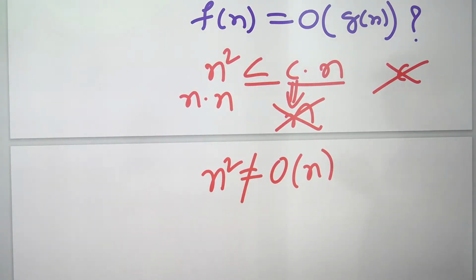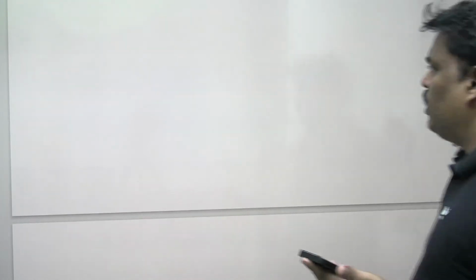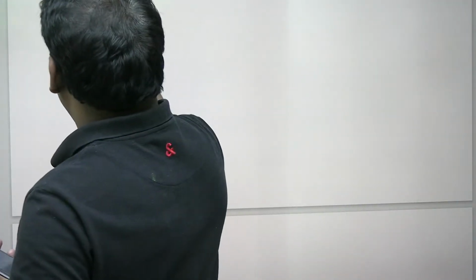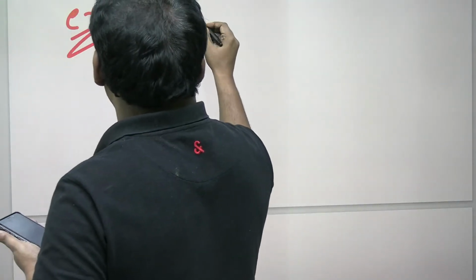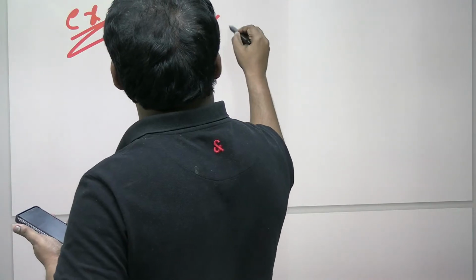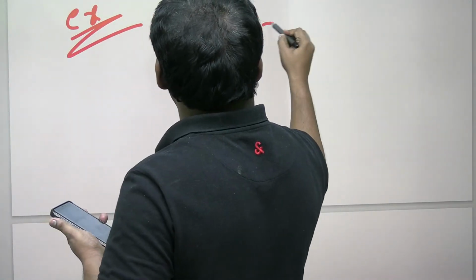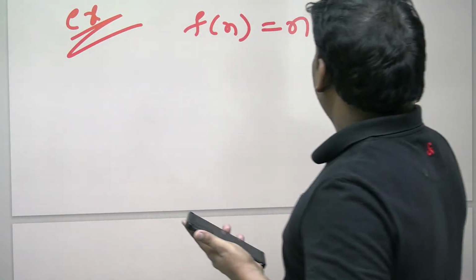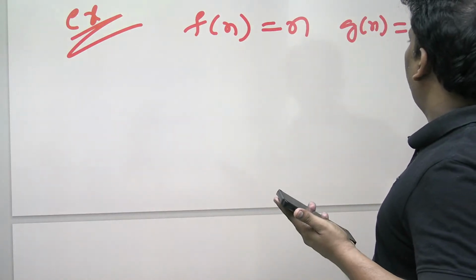So try one more problem. Next example. f of n is equal to n, g of n is equal to n square.